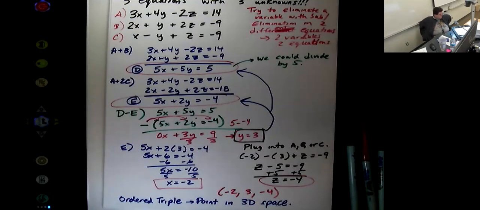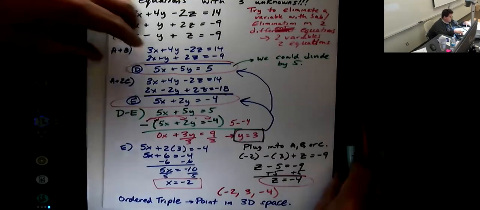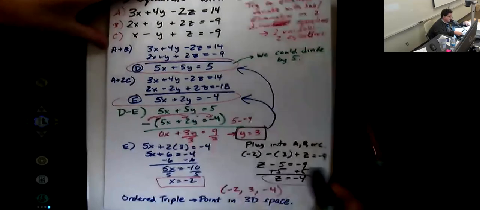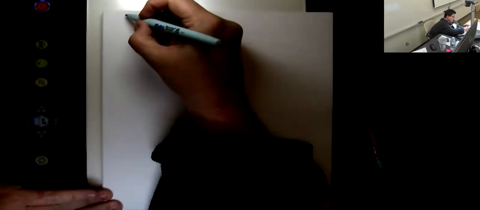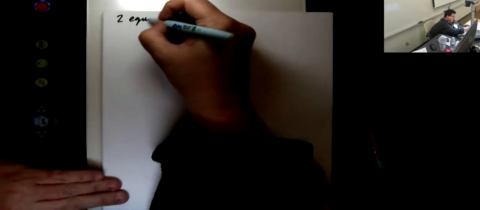All right, let's do one more idea in this section. Oh, there's two more ideas I want to do in this section. So here we're gonna have two equations with 3 variables. I want you to see what happens when we go through this.